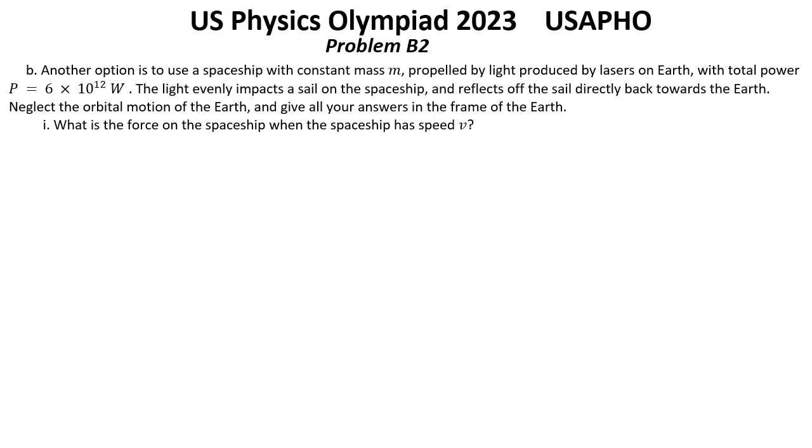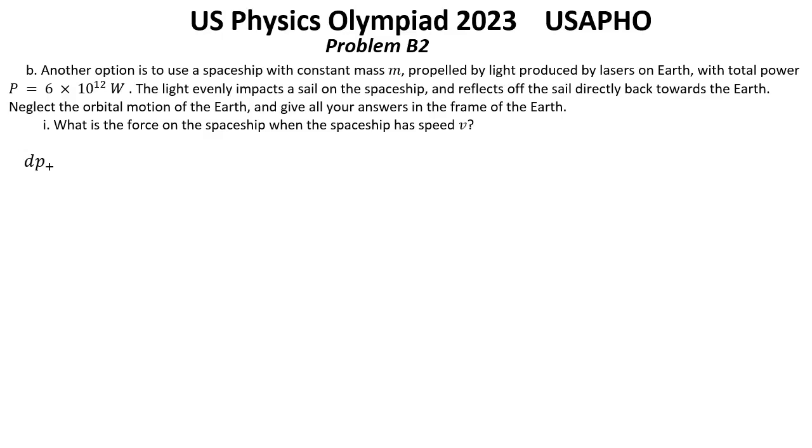This problem could be solved by different approaches. First approach: we can use the Earth frame of reference during the whole problem. Suppose that the part of momentum which reached the spaceship is delta p plus for time delta t.